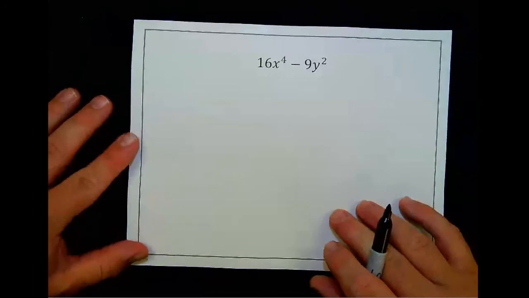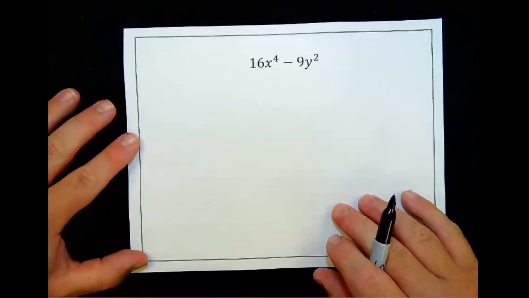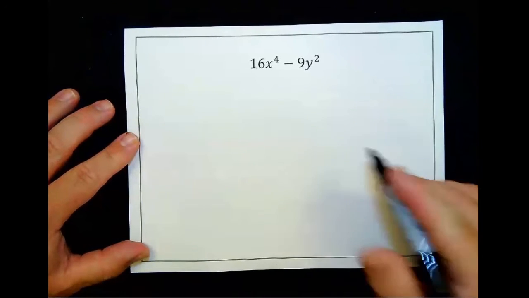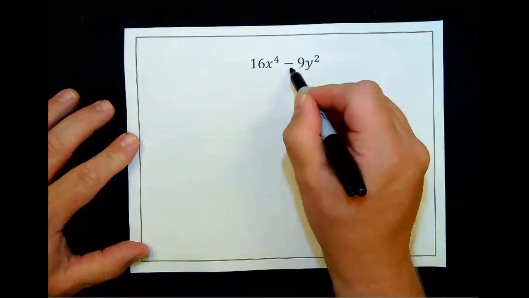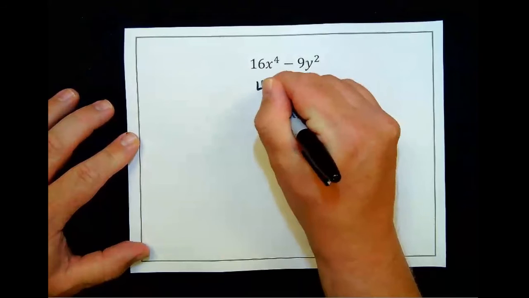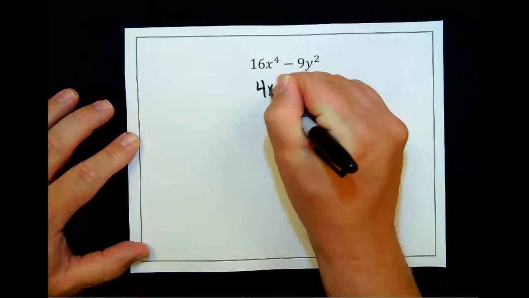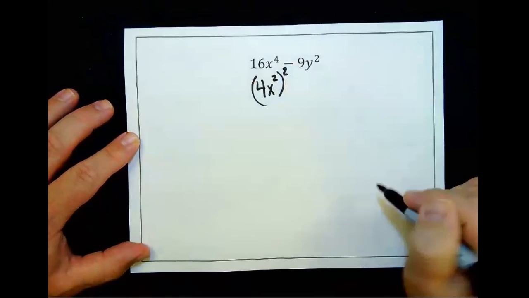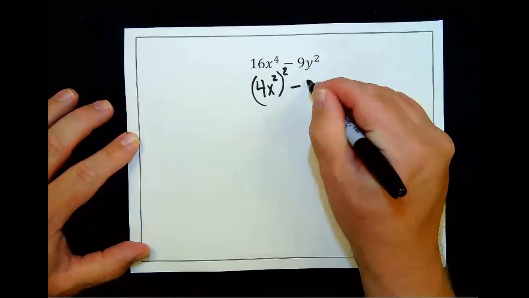Something else you're going to see is, well, both terms could have variables. Well, that's not a problem. Is it a difference? Yes. Is 16 a perfect square? Well, yes, that's 4. x to the 4th is x squared. 9's a perfect square.